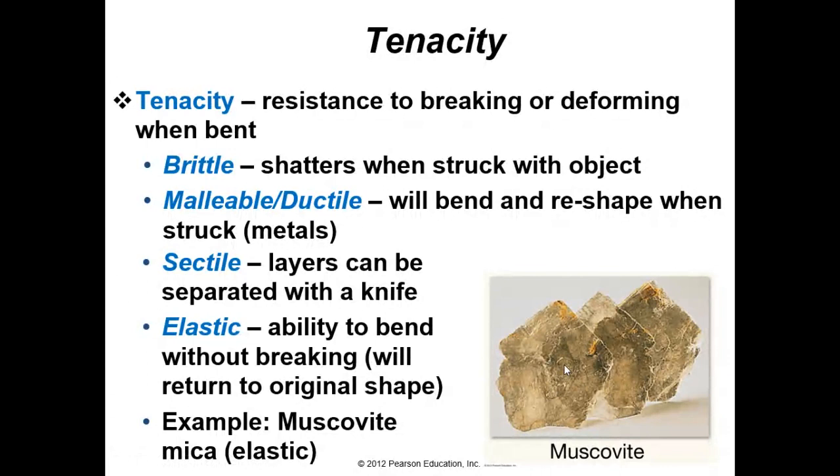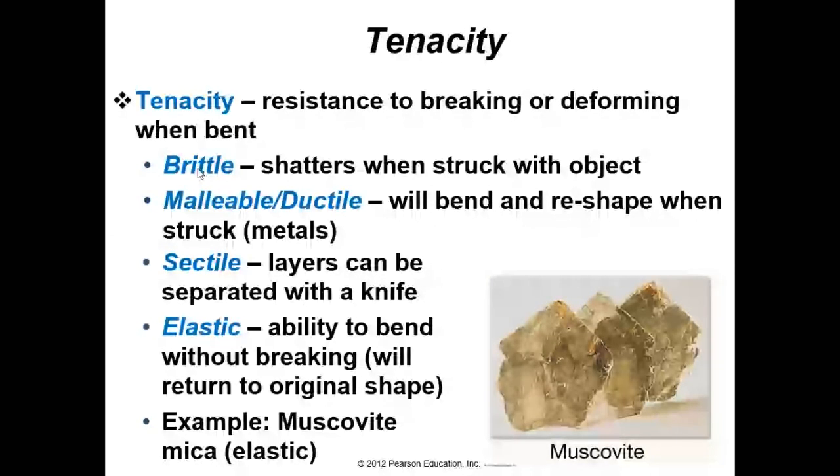That bending is called tenacity. How far can you bend it before it breaks? That's its tenacity. So there are different types. It can be brittle, where it'll break pretty much right away when you put any type of pressure on it. That's pretty common for a lot of minerals.